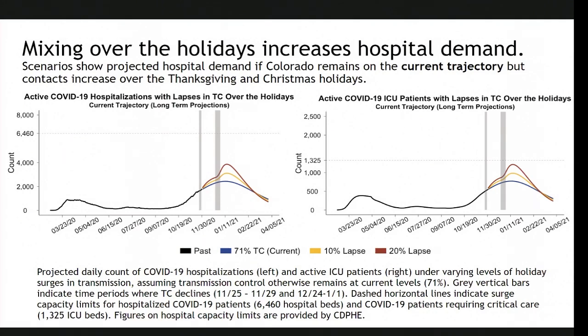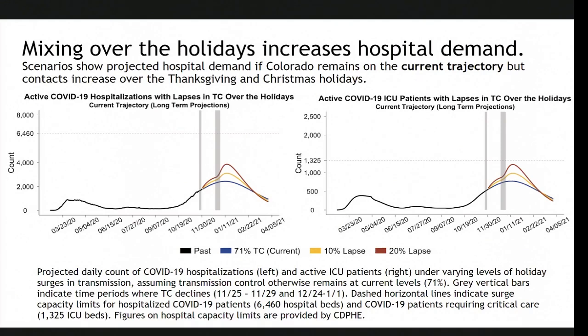So this, as you can see on the left, stays below the threshold value for hospital capacity of 6460. On the right, with ICU, a 20% lapse takes us very close to that threshold. And, of course, these estimates are subject to great uncertainty. So I just want to point out that holiday lapses from where we are now could put us at a point where we could be stressing our hospital care capacity.